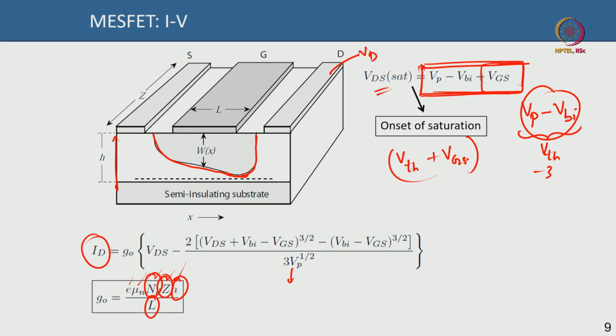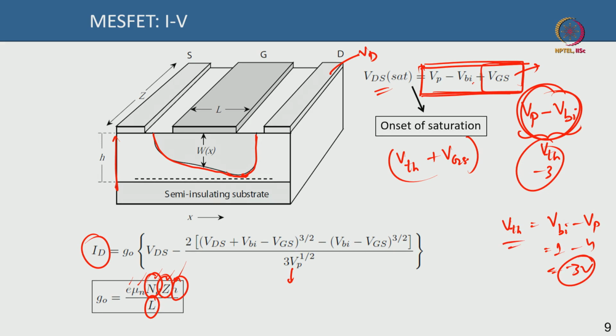So, for instance, this value is -3 in this case. Vp minus Vbi is actually the negative of VTH, because the VTH is nothing but built-in voltage minus V pinch off. So, this was 1 volt, this was 4 volt, this is -3 volt. At -3 volt your channel will turn off, we call it threshold.